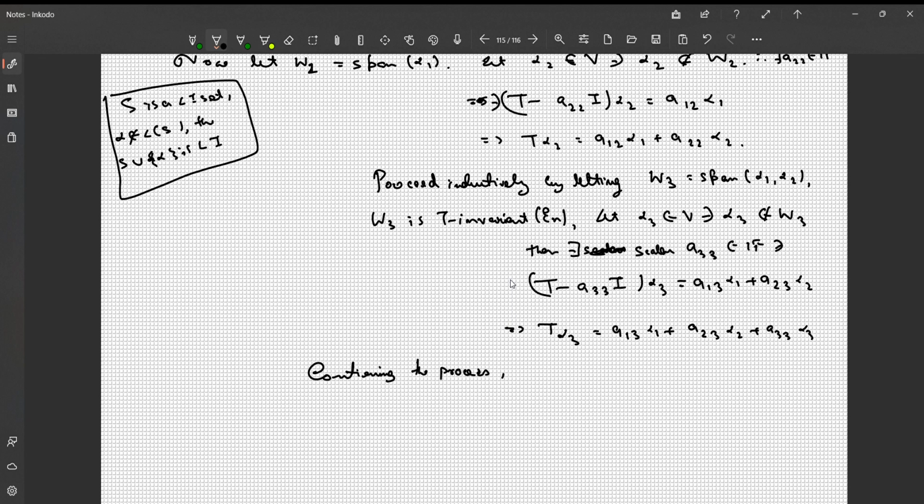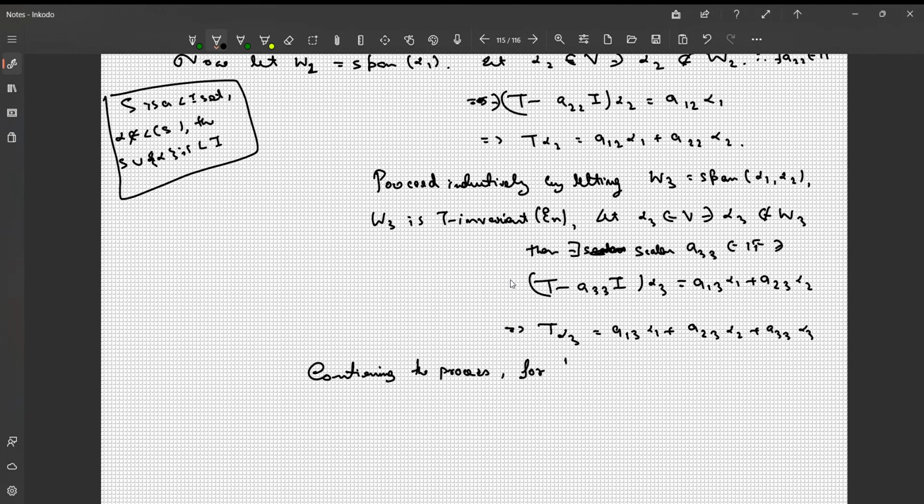Continuing the process, the process will obviously terminate after some R steps because V is a finite dimensional vector space, and each of these elements alpha 1 and alpha 2 are chosen such that they are linearly independent.